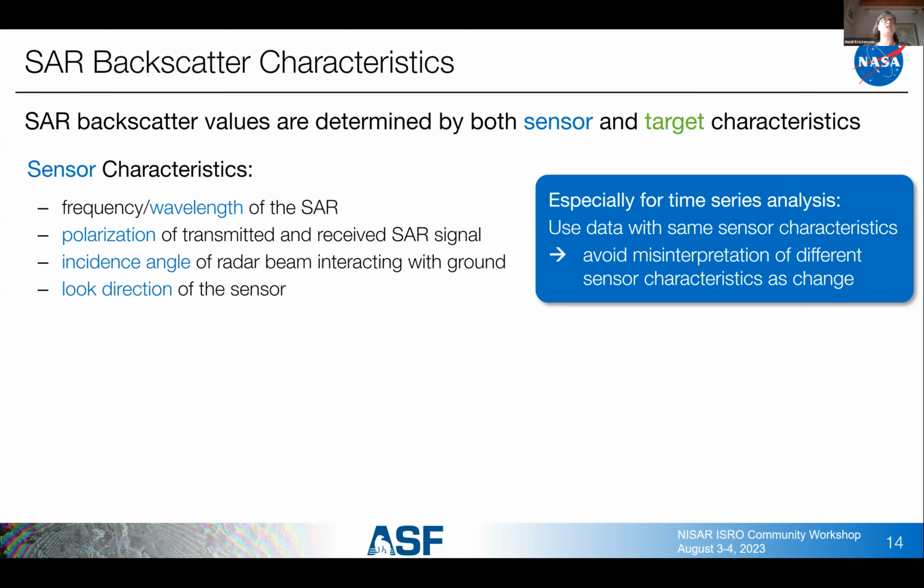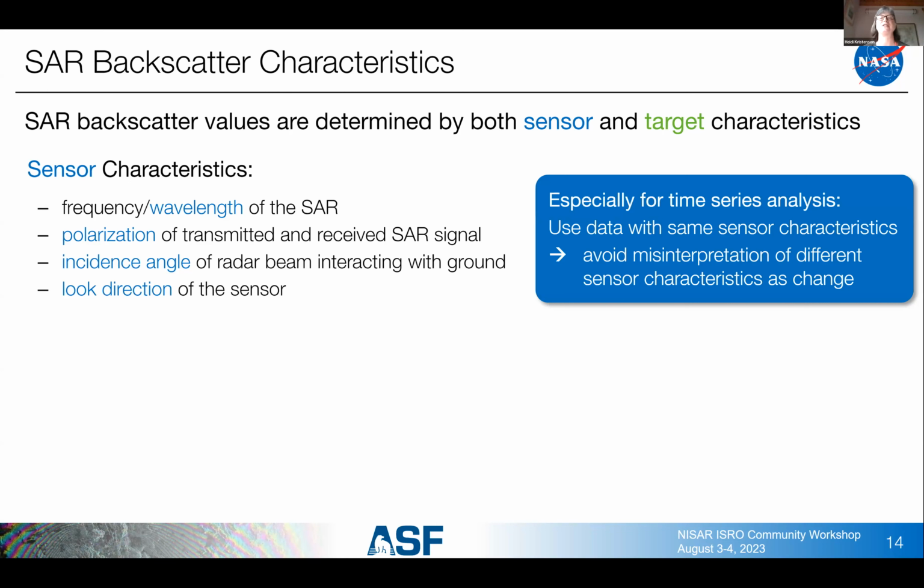Because similarly with deformation, because we're measuring deformation in the line of sight of the sensor, if the motion is towards the sensor, if it's looking one direction, it could be much more sensitive to that movement. Whereas if it's looking the other direction and it's moving away or oblique to that look direction, it is not as sensitive to that particular motion that's away from the line of sight.